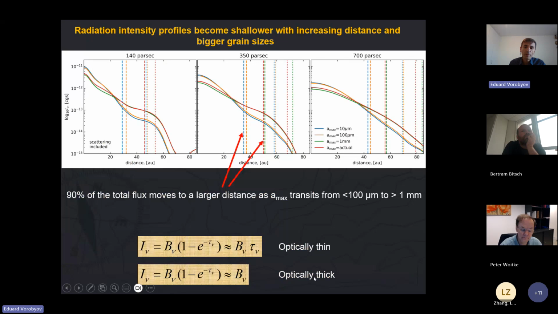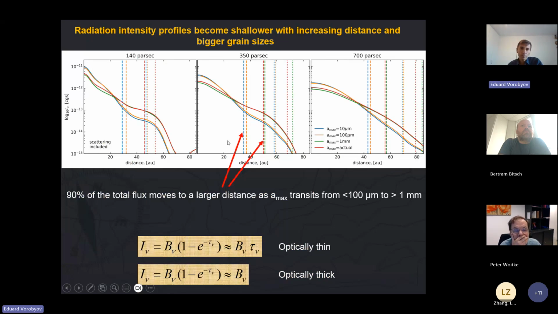But in the optically thick case, it becomes proportional only to the Planck function, so it becomes shallow. And as we go from 140 parsecs to larger distances, we also see that all profiles become shallow. This is the effect of beam smearing, becoming shallower and shallower.